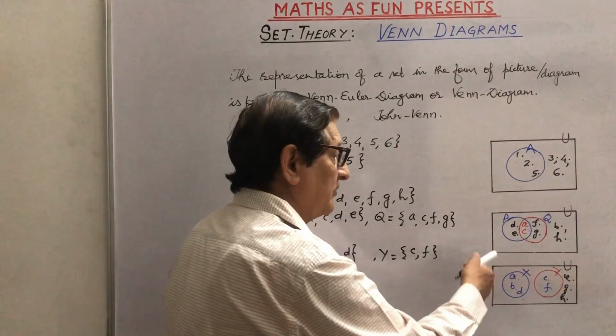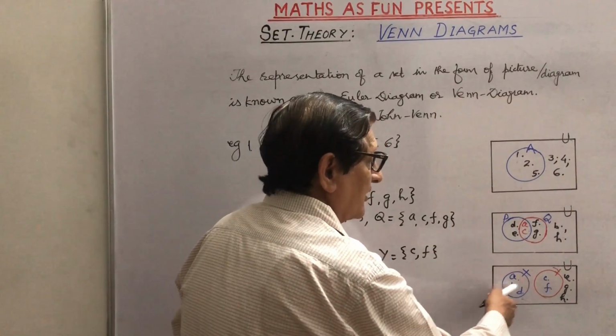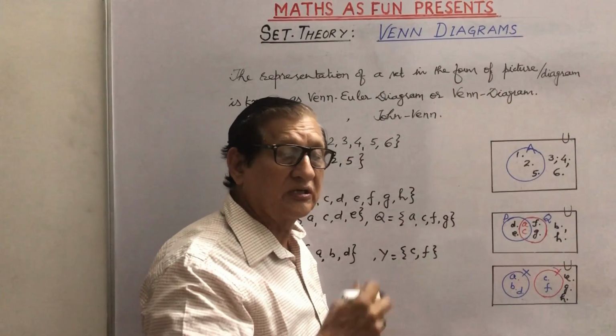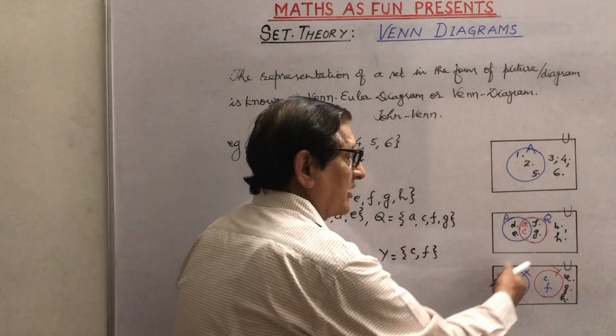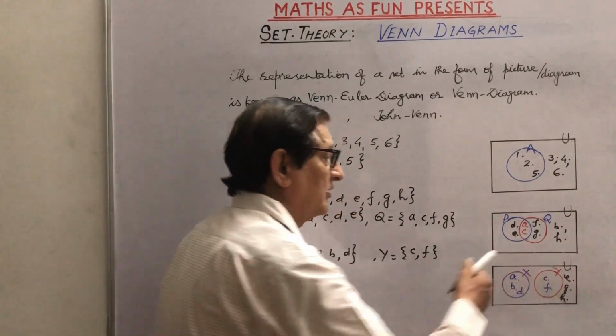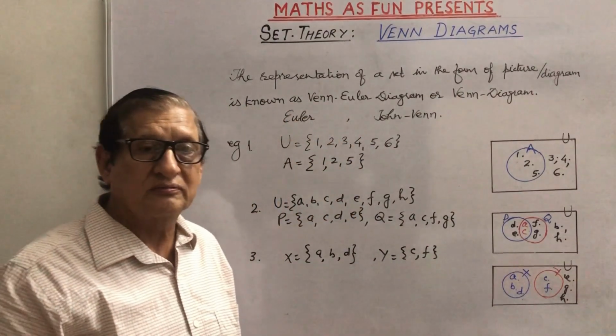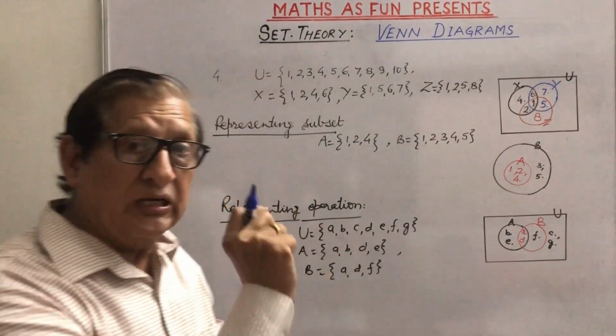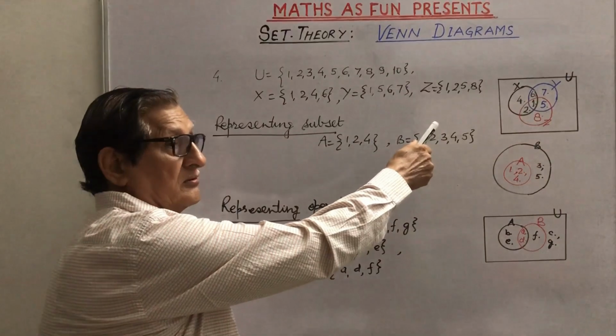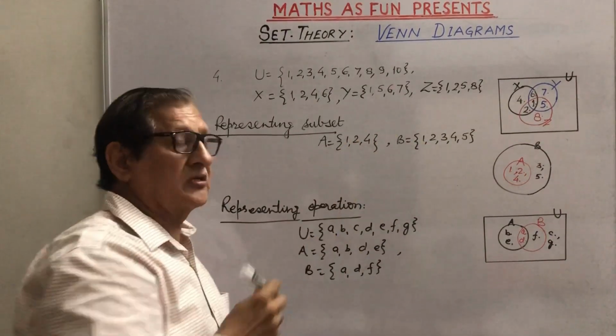The Venn diagram will represent two sets which are away from each other, not intersecting each other, and the elements of them will be written inside them, and the remaining elements of U will be written outside these two circles.